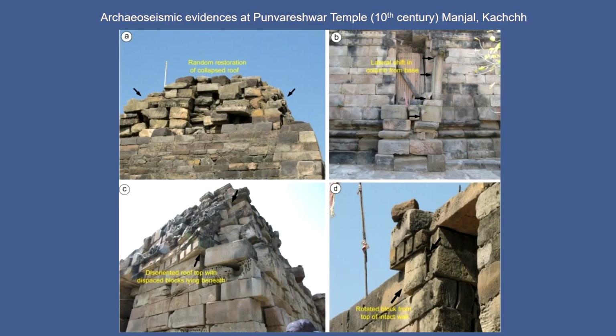So if you see here, this is the random orientation of the blocks close to the roof, and then there is a lateral movement of the columns here, as well as the rotation of the blocks here, and similarly over here also you can see the rotation of the blocks. A clear indication of that. So this is related to strong ground shaking.